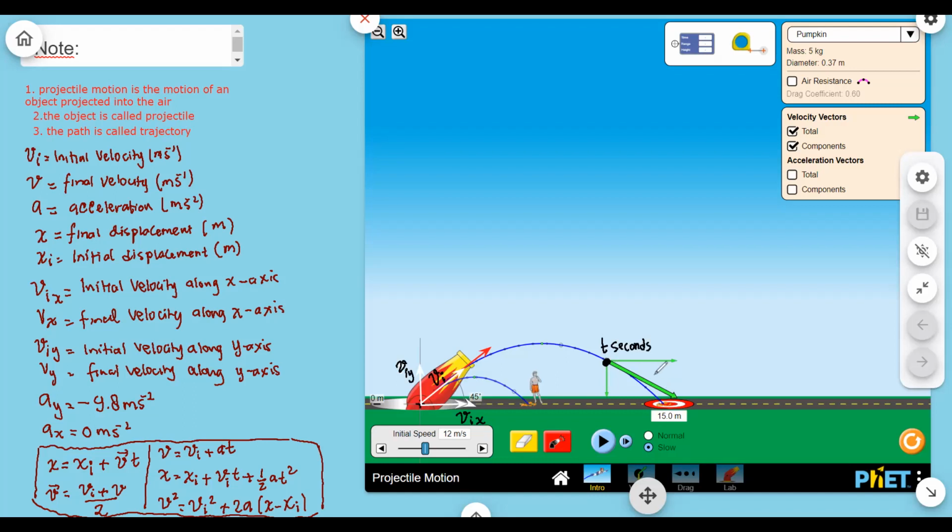And this one is the final velocity, and the final velocity has two components: the final velocity along the x-axis and the final velocity along the y-axis.